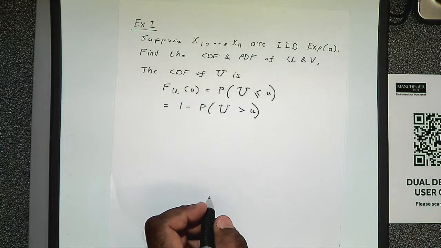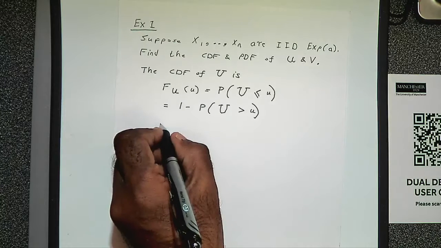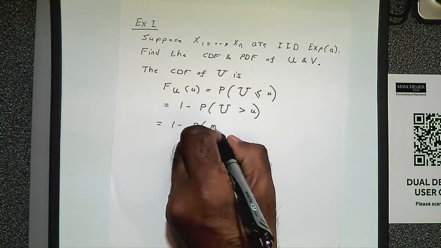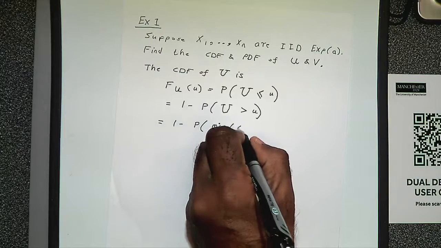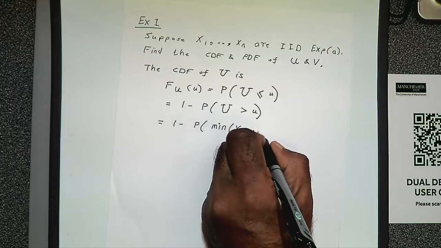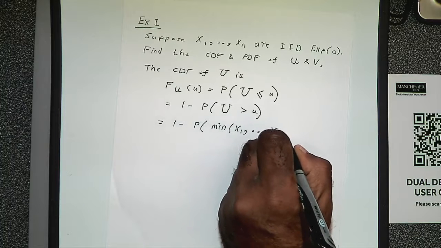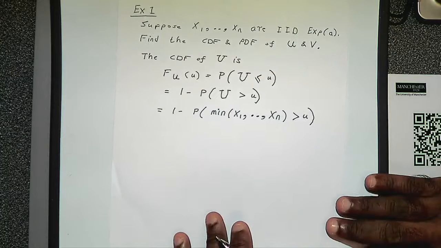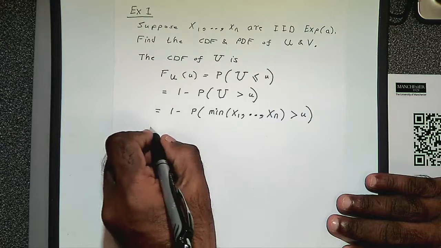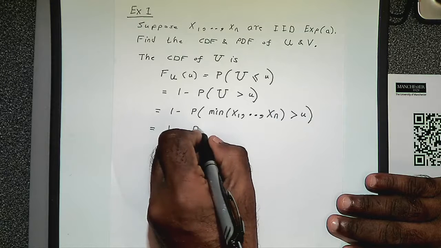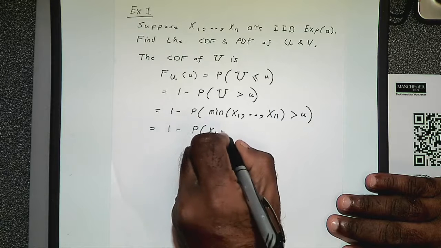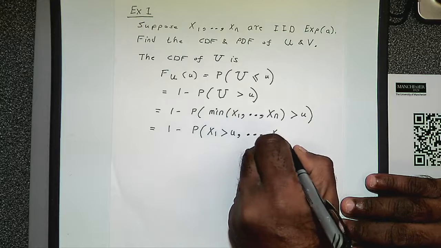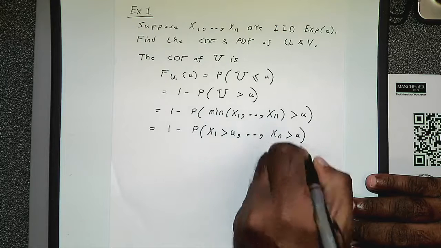So this will be 1 minus the probability that the minimum is greater than u.